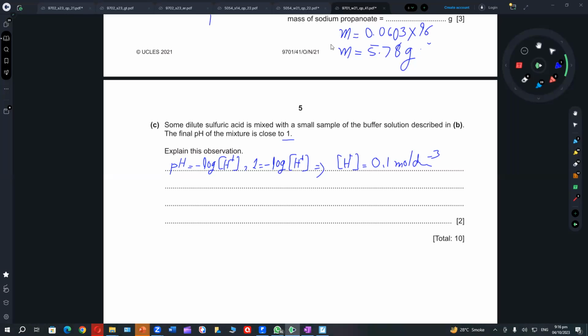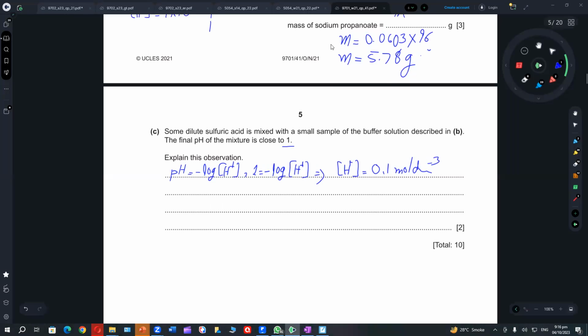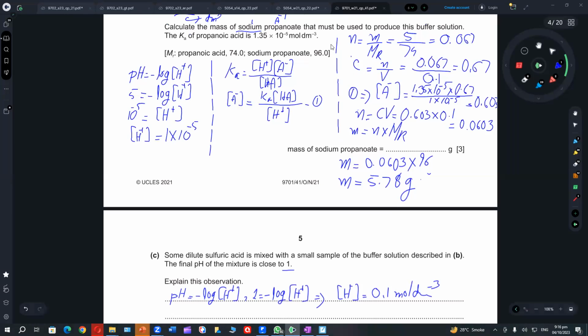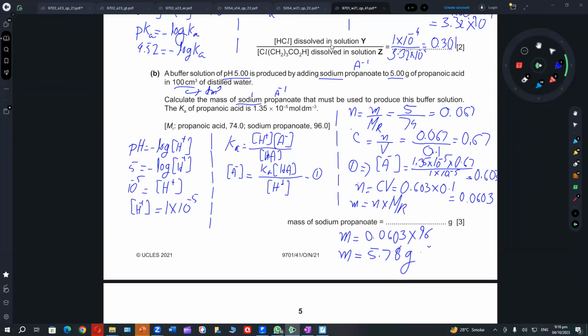H2SO4 can do that. Now we have to see, the examiner is asking about the failure of the buffer. So how is the buffer working, with sodium propanoate and propanoic acid? It means the solution is working by A minus.